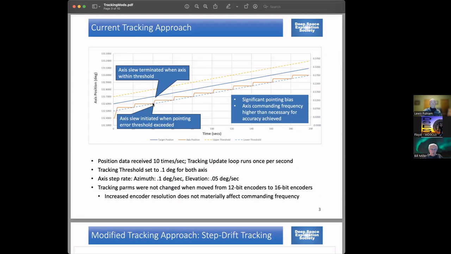At the time that the error threshold between where the axis is pointing and the object hits the threshold, then we turn on the mount, at a fixed rate. And then when the mount gets inside of the threshold, we turn it back off.